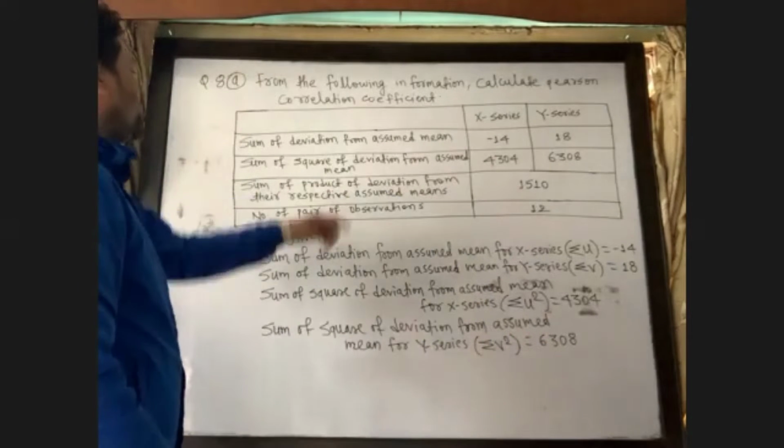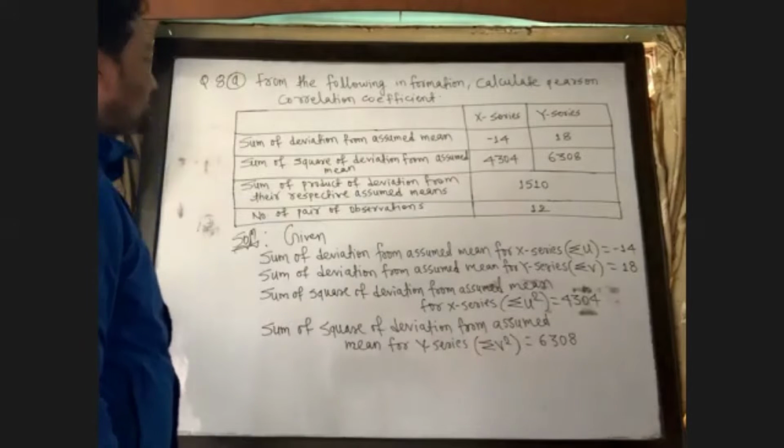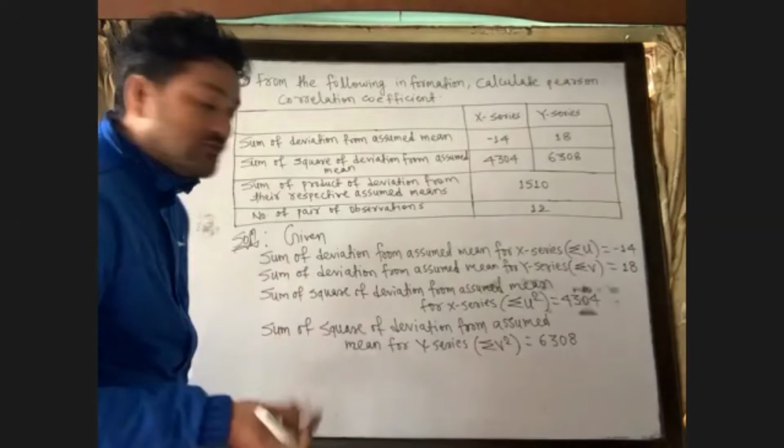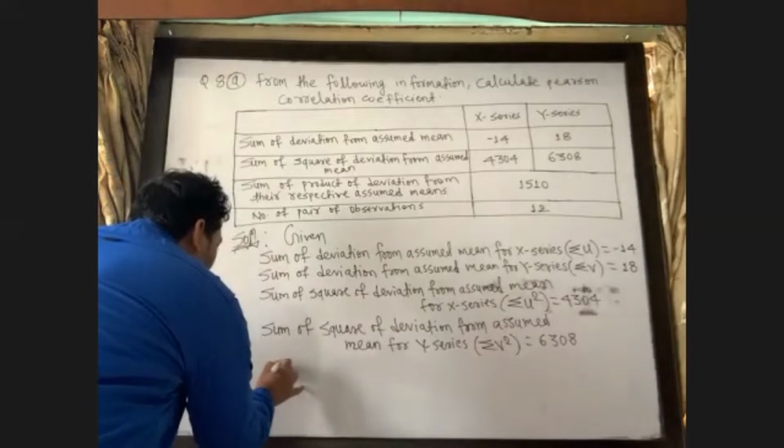Now sum of product of deviation from their respective assumed means. This is a product, so it is uv. Summation uv.